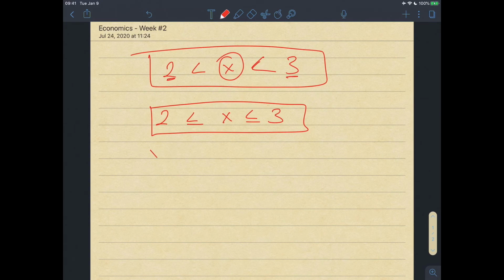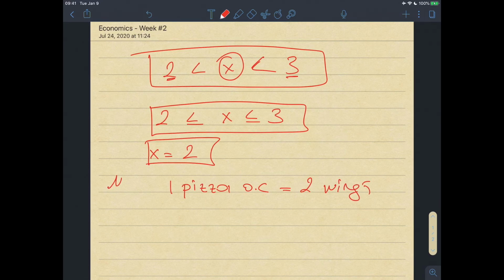What happens if the terms of trade equals 2? Remember, the opportunity cost of one pizza for Deborah was 2 wings. For Mike, 1 pizza was 3 wings.